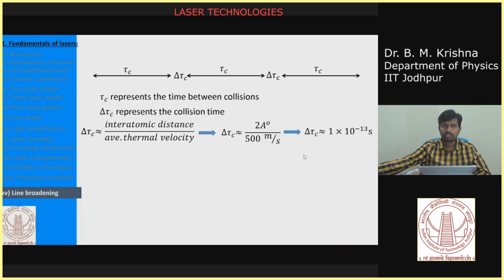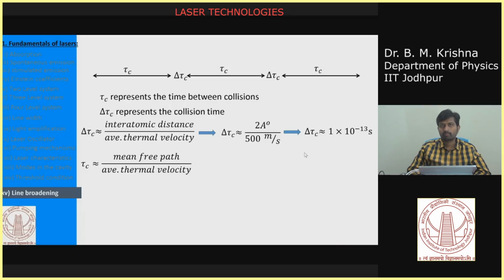Okay. So this is the collision time, and Tc is your time between collisions, which depends upon when the next atom appears. When the next atom appears in the distance, only then will a collision happen. So that depends upon the mean free path divided by the average thermal velocity, because all the atoms are moving. The mean free path defines the distance between the collision events.